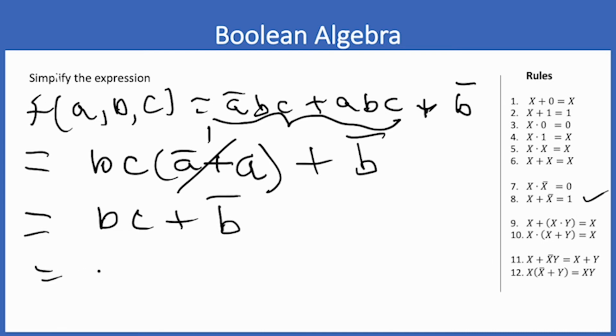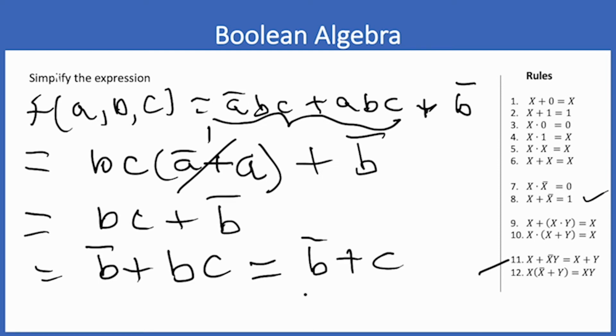So if we've got B bar plus BC, using this theorem right here, it's equal to B bar plus C. Okay, that's the final answer.